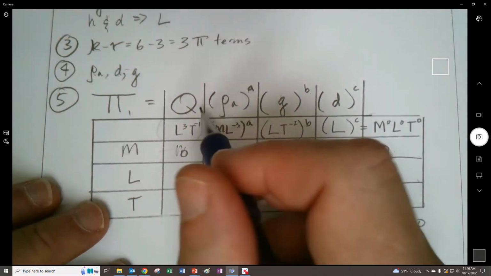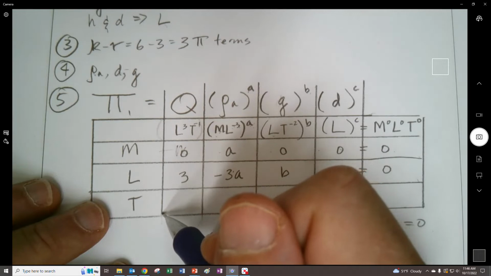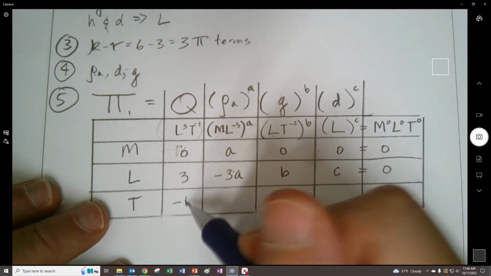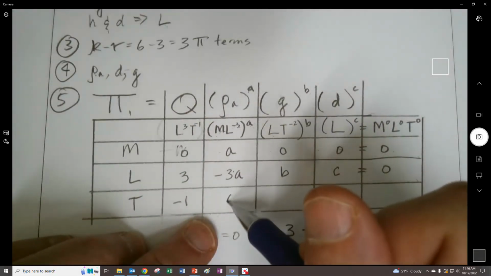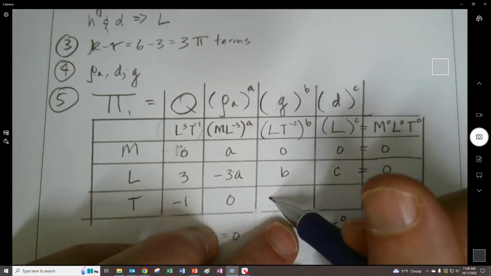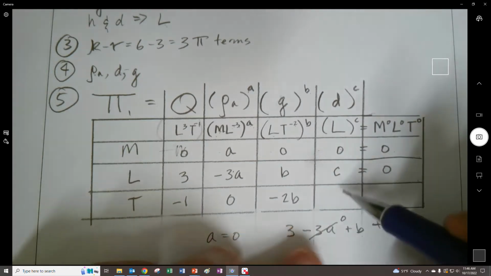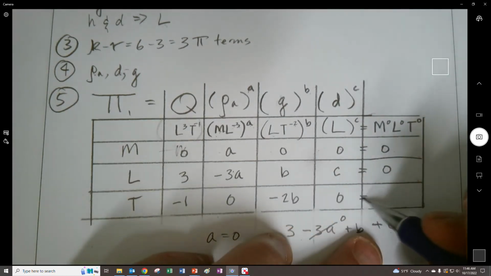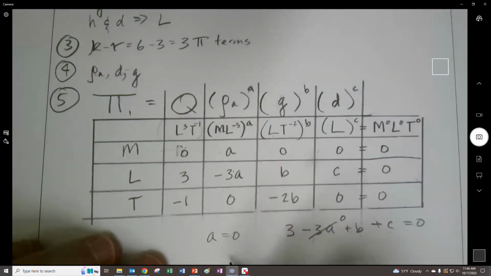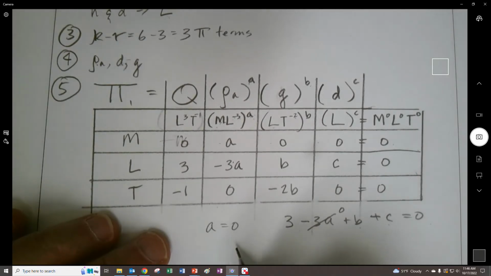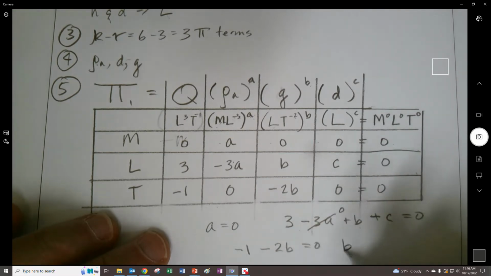So we start up to here, and we see for time, we have a negative 1 here. 0 there. We're going to have a negative 2b and 0 here, and we want it to equal 0. So with that equation, we're going to say that negative 1 minus 2b is equal to 0. Therefore, b is equal to negative 1/2, right?